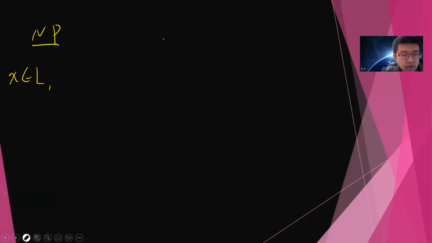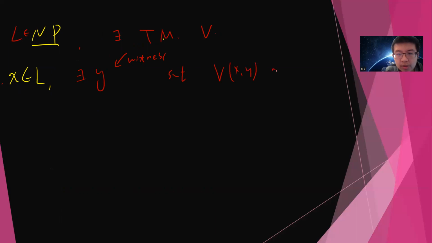So a class L is in NP if basically there is a Turing machine called V such that for given x belonging to L, there is a y, called the witness or certificate, such that V(x, y) accepts, and V needs to run in polytime. Also this y needs to have polynomial size in x, at most poly size in x.